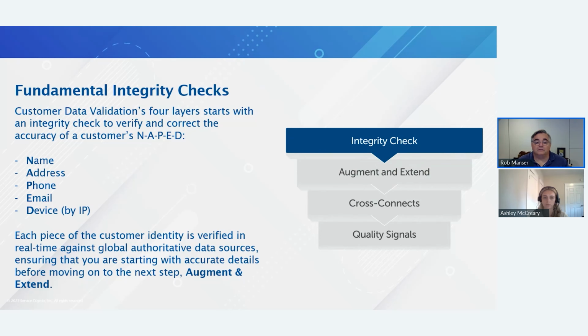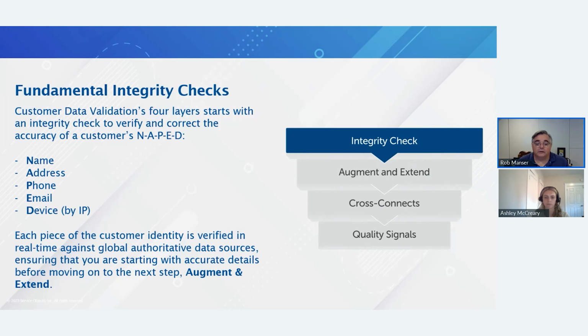If you start with garbage in, you're going to push it through this funnel, you're not going to get good data at the bottom end of it. So the core value of this first line of defense is to make sure that the data coming in is corrected and is valid before moving into the next levels of data validation.